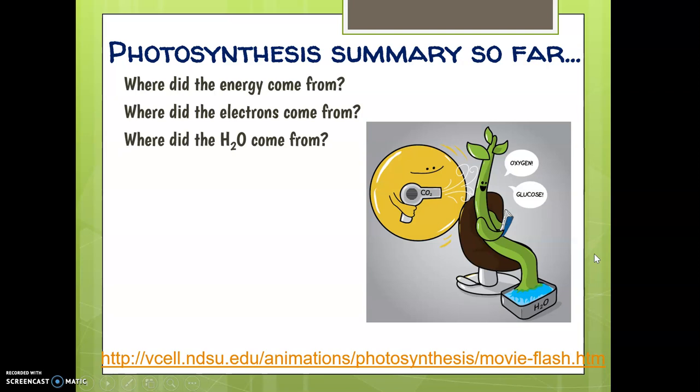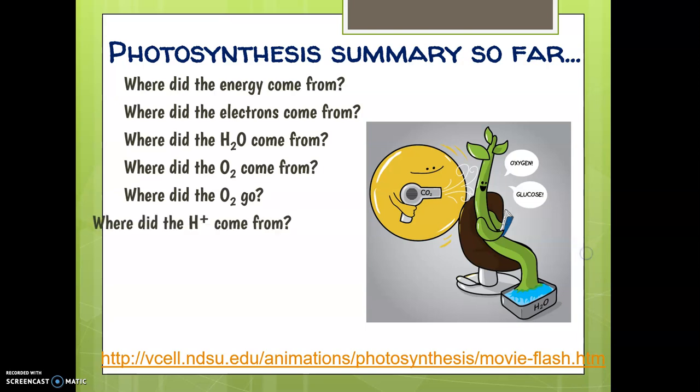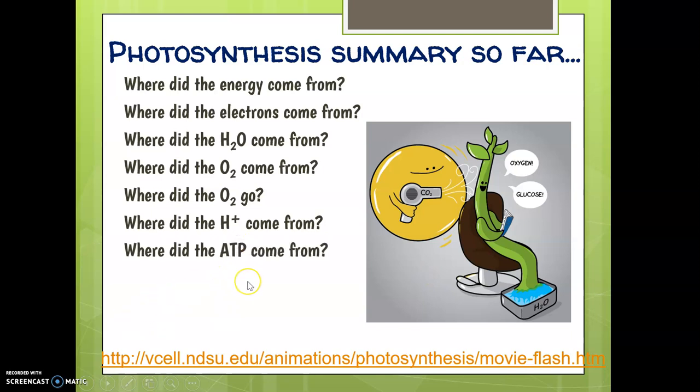Okay, so where did water come from? We absorbed it. Where did the O2 come from? From photosystem 2. Where did the oxygen go? We breathed it out through the stomata. Where did the proton gradient come from? The proton gradient came from our electron transport chain. Where did the ATP come from? ATP came from our photosystem 2.